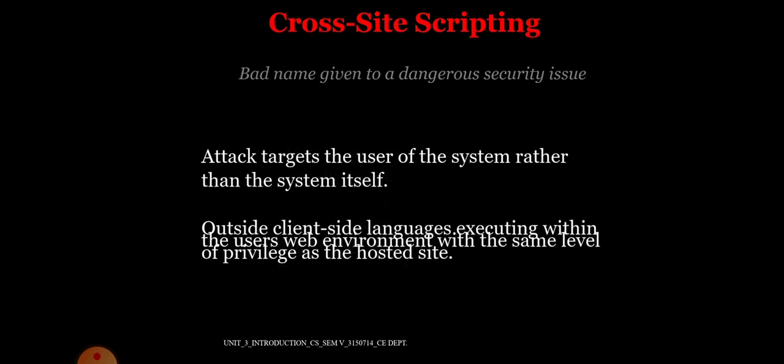Cross-site scripting is a bad name given to a dangerous security issue. The attack targets the user of the system rather than the system itself. An outside client-side language executes within the user's web environment with the same level of privilege as the hosted site.